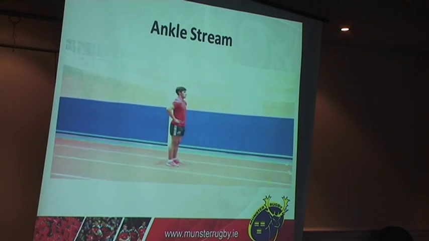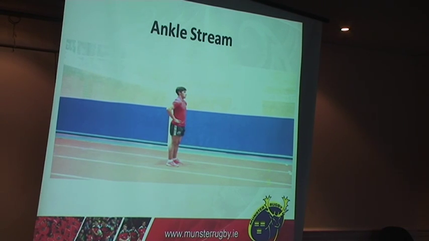The next stream is the ankle stream. Now, the running A's and the skips will develop the ankle sufficiently, but given the fact that the ankle is at that intersection with the floor and its importance in stiffness and rebounding off the ground, we gave it a section by itself.